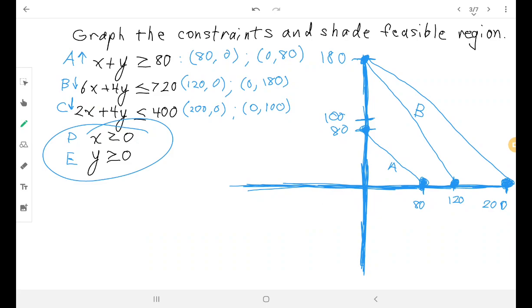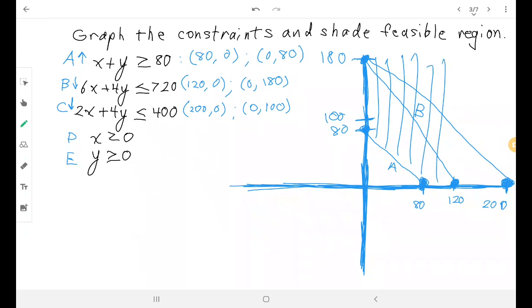And we've already determined for these how that changes things. So for A, we shade up. For B, we shade down, and this is C here. And for C, we shade down. And what is our feasible region?